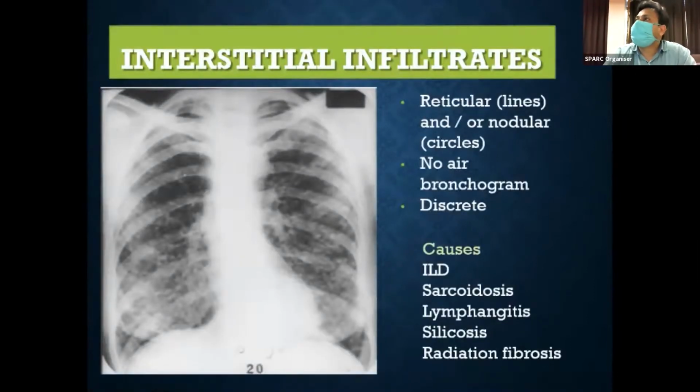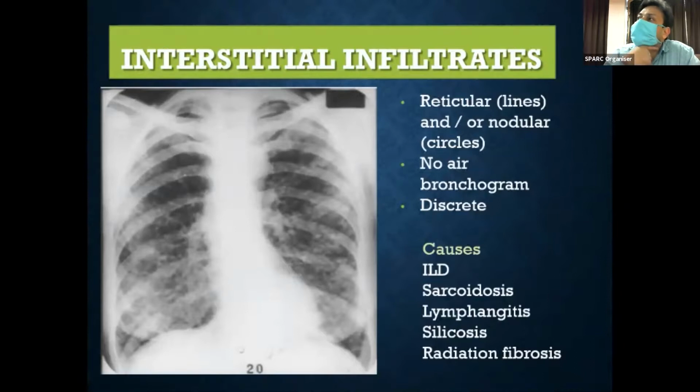Now coming to the interstitial infiltrates. So what are the interstitial infiltrates? Generally we have two kinds of interstitial infiltrates. One is the reticular opacities. The first example I have shown, I think the second slide, we have these multiple linear opacities.